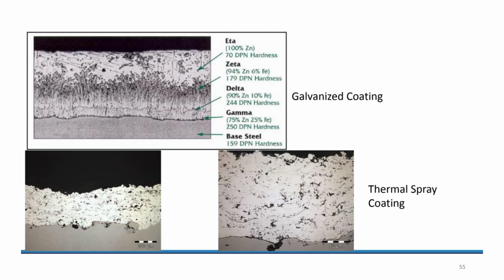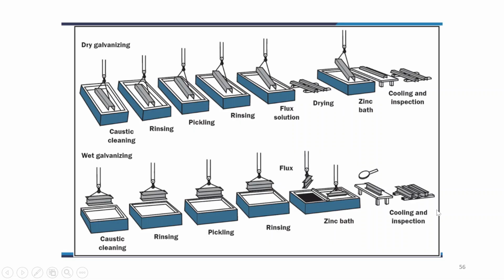Then you have delta having 90% zinc and 10% iron. You have zeta, which is 94% zinc and 6% iron. Then you have eta having 100% zinc. So here you have thermal spray coating as well.